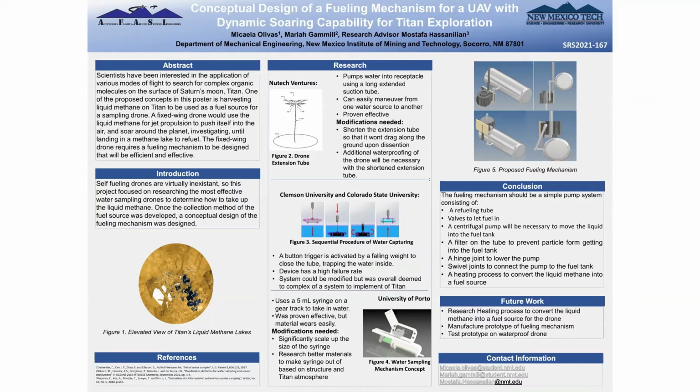We did this because liquid methane has a really low density, and so a lot of pumps aren't actually able to pump that into the tank. With a centrifugal pump, we'd be able to pump into the refueling tank. The pump will be lowered into the lakes using telescoping hinge joints and then swivel joints on the tubes leading into the fueling tank.